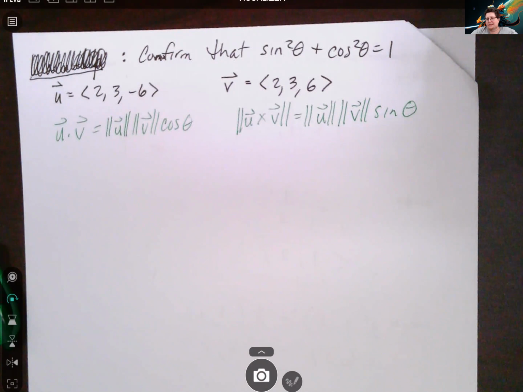We'll call this Z. And then Z is being dotted with U. Z dot U is giving me 0, which means Z is orthogonal to U. What does that tell me about U? Where does U have to be?